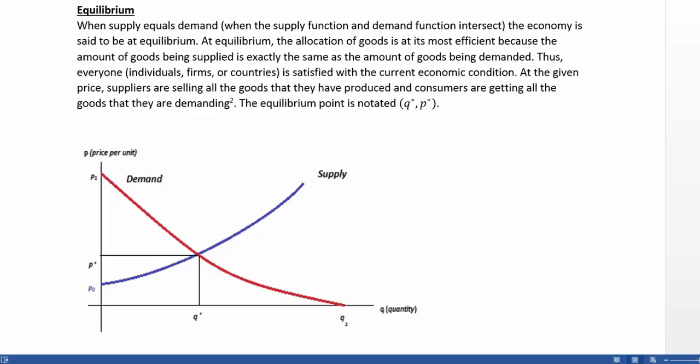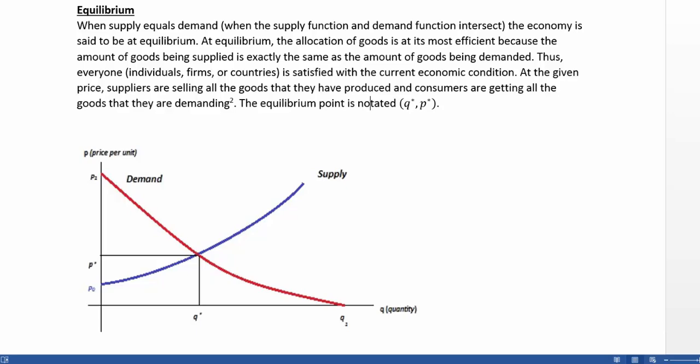The idea in economics is that in a free market, when supply and demand are plotted on the same grid, we can figure out where they intersect, and that is called the equilibrium point. The equilibrium point is when the allocation of goods is the most efficient because the amount of goods that is being produced and supplied is the same number of goods that are being demanded. So everyone is satisfied with the economic conditions.